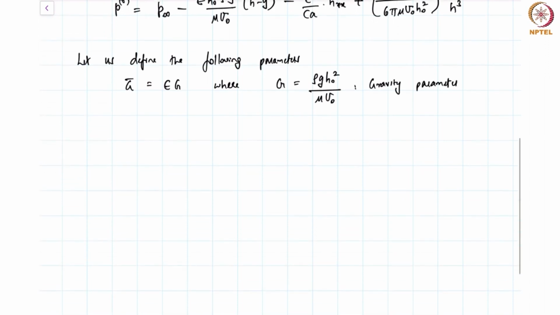We'll define another parameter C bar, capillary by epsilon cube. Remember, Ca is mu U naught by gamma. That's the capillary number.